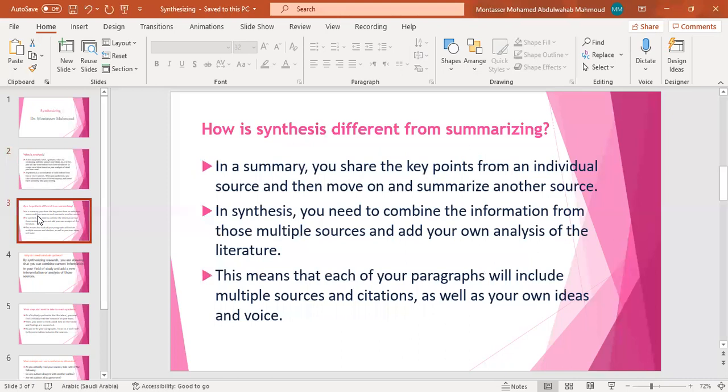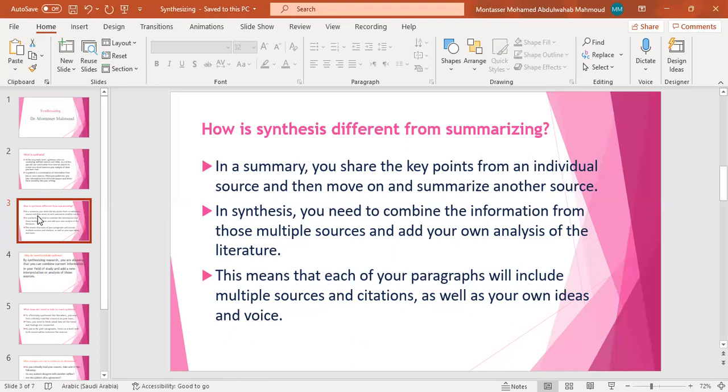But in synthesizing, no. In synthesizing, you read information in more than one source and you combine the information from those multiple sources. And after that, later on, you add your own analysis of these pieces of information. This means that each of your paragraphs will include multiple sources, multiple citations, in addition to your own ideas and voice.